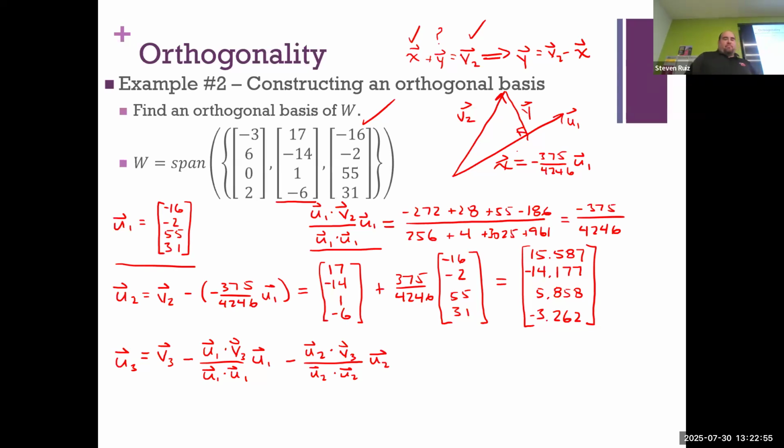Okay. So now we can plug in all the details. What is V3? It's actually the one that we wrote down. Yeah, the furthest left one.